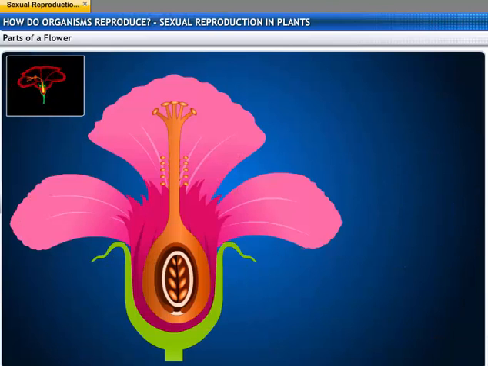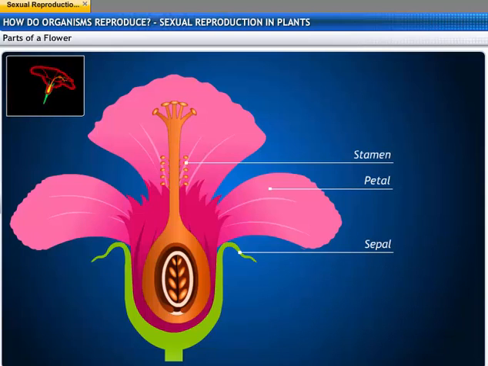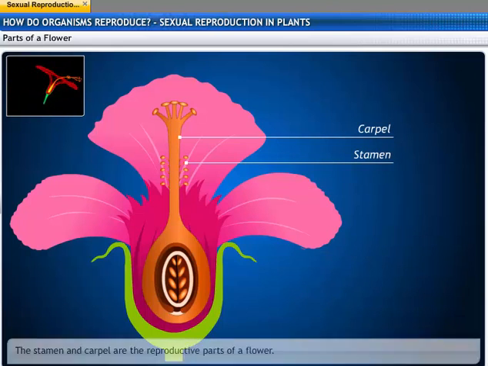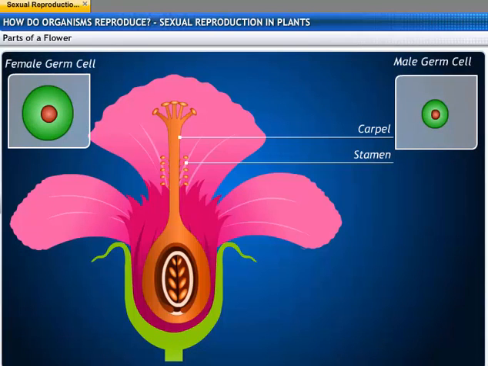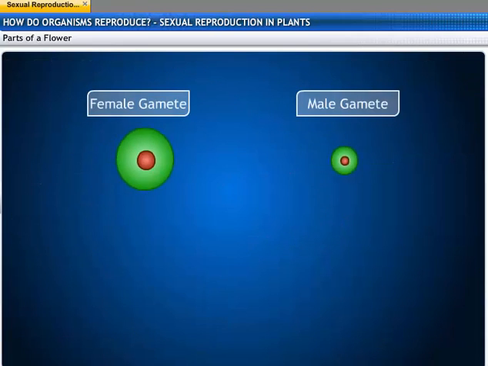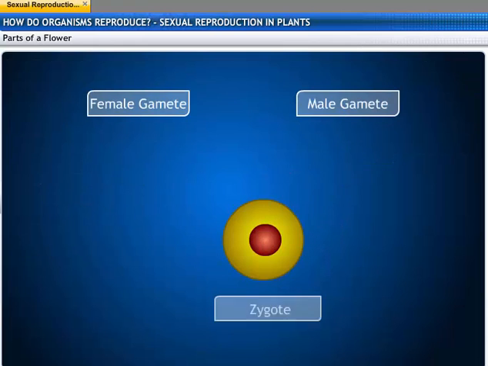A flower comprises sepals, petals, stamen, and carpels. Stamens and the carpels are the reproductive parts of a flower which contain germ cells. Germ cells help in reproduction.